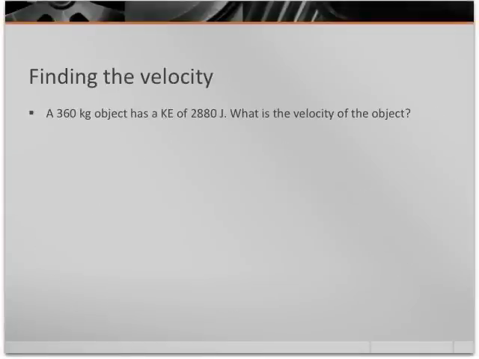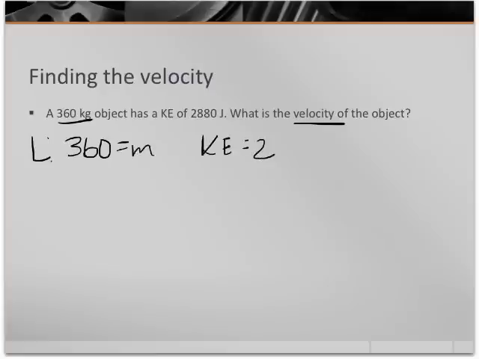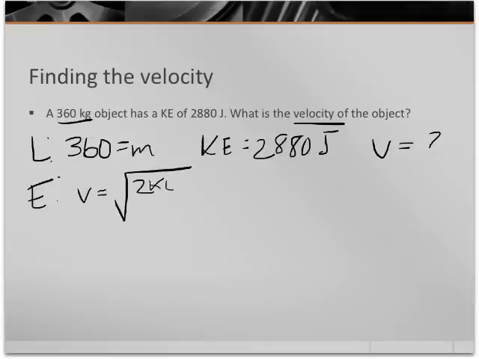Now, if you're having to solve for, say, the velocity of the object, this time our knowns, we have a 360 kilogram mass. Our KE is 2,880 joules, and velocity is our question mark. I just taught you how to rearrange this equation for v, so you need the square root of 2KE divided by m.